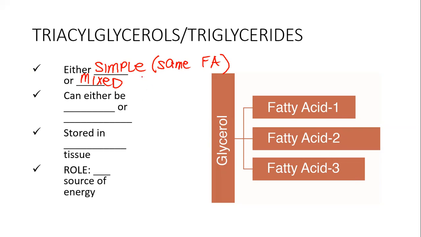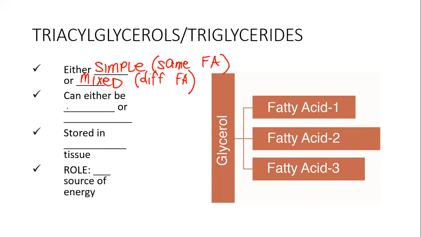Okay? While class, TAGs naman are classified as mixed when the three fatty acids are different. We have arachidic, behenic, lauric, myristic, palmitic, stearic, caprylic, lignoceric, caproic, arachidic. Okay? When the three fatty acids are not the same, they are classified as mixed.